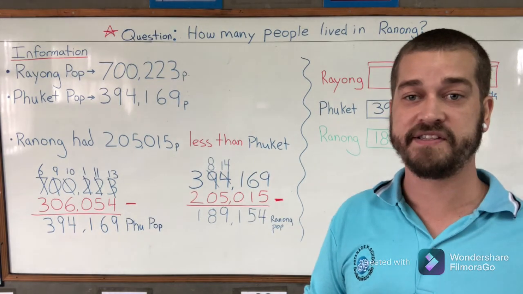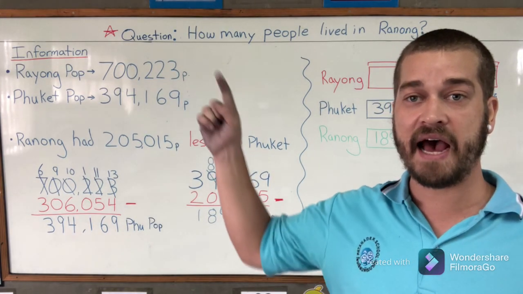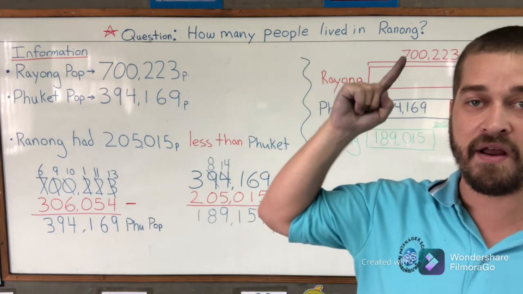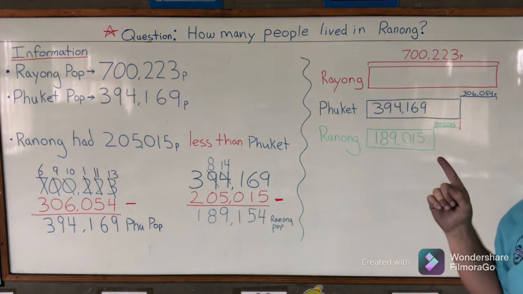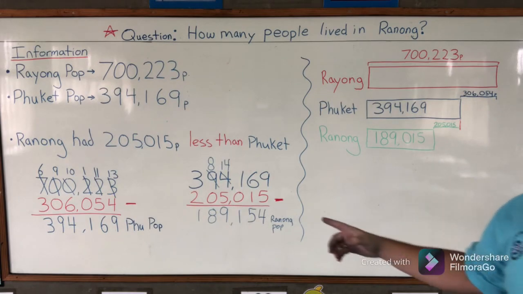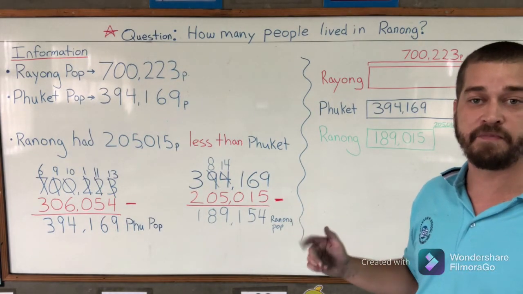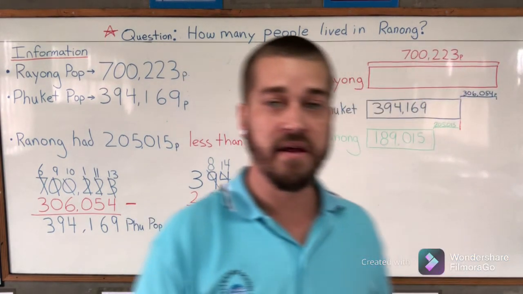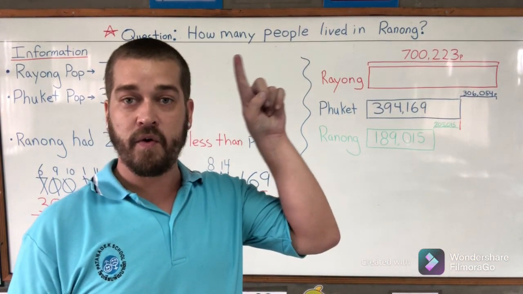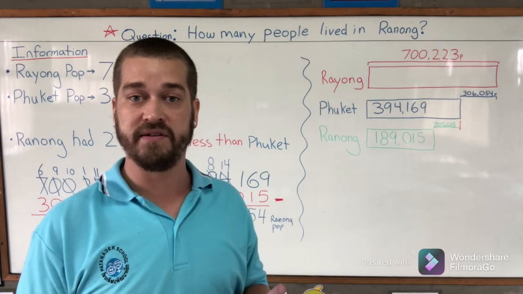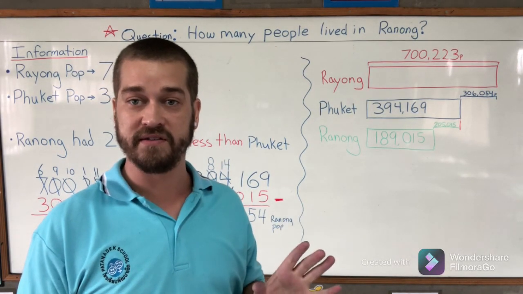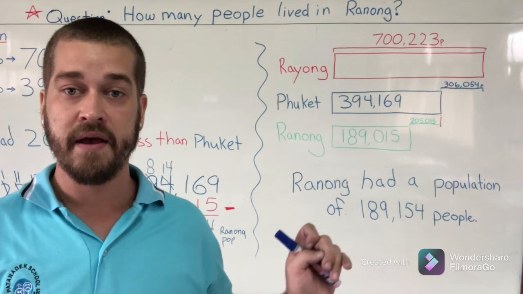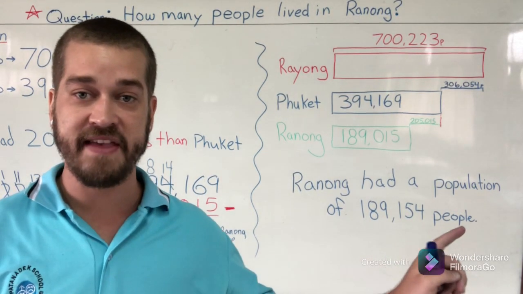Once we've done all of this, you have to ask yourself, did I answer the question? How many people live in Renong? Well, we have it written in our picture. We've shown in math Renong's population. So now we've answered the question. But remember, the question was asked to us in words, so we have to answer in words. So I've written my answer. I have a capital Renong, and then I have a period at the end.